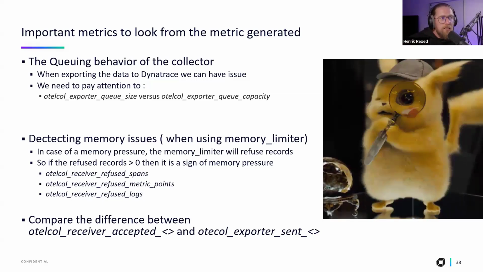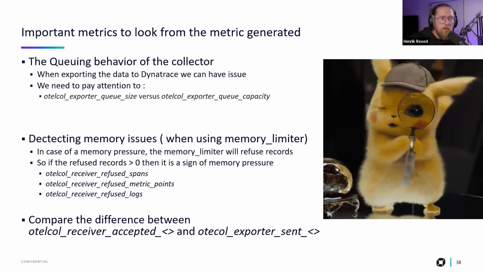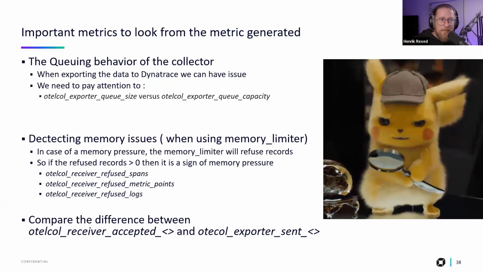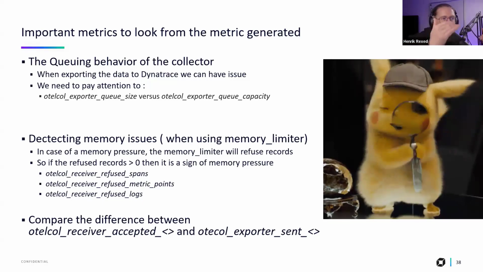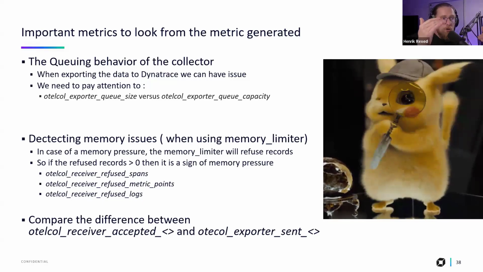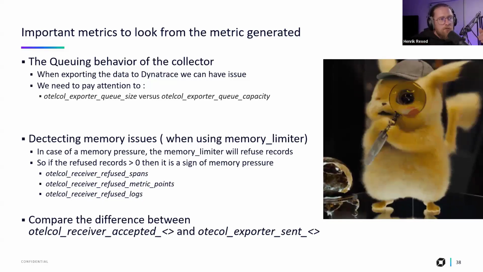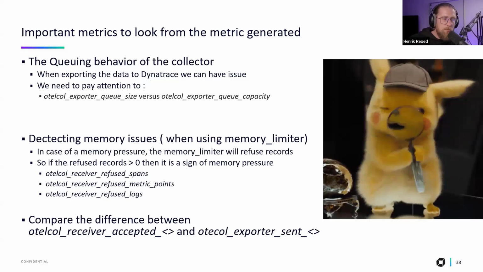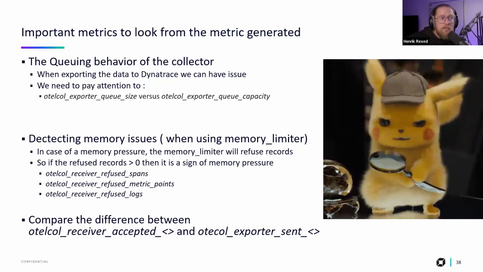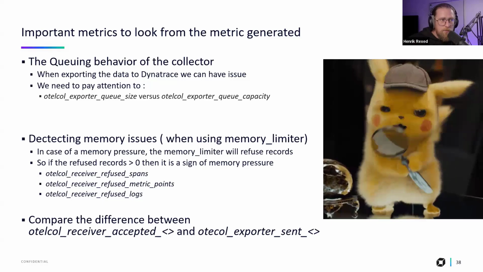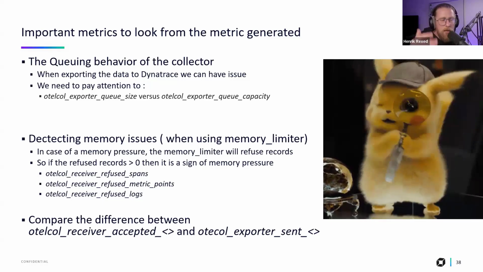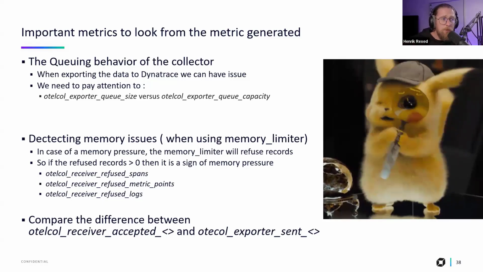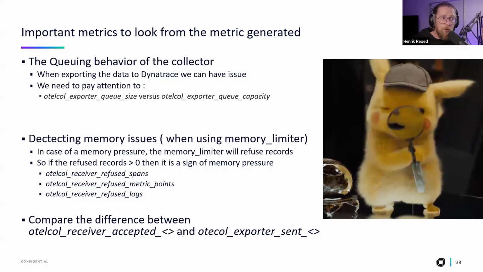But the other aspect is detecting memory issues. The standard of the market is to use the memory limiter, which is a way of controlling the memory utilized by the collector. If you have memory pressure on the collector, the memory limiter processor, which is always the first processor in pipelines, by the way, will refuse the records.